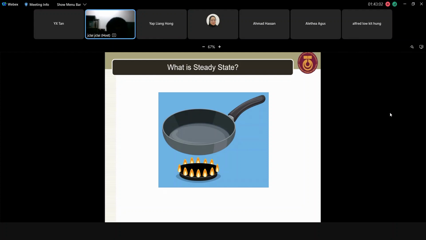Okay, correct. Then what happened to the temperature? Let's say this system is a pan on a stove, being heated by the flame, and here is T. At steady state, what can you say about this temperature, and about this temperature?